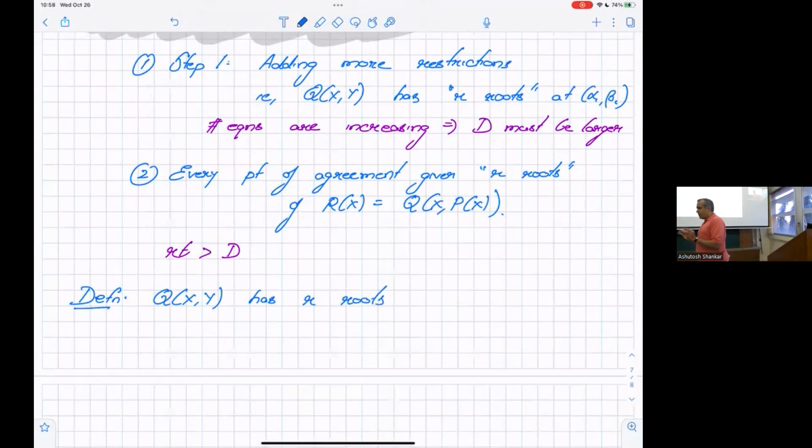I want to keep away from derivatives, because we could define it in terms of derivatives, say all the rth order derivatives are zero, but over finite fields derivatives are a problem. For example, x power p is a non-zero polynomial, but its derivative, p times x power p minus 1, is a zero polynomial because the characteristic is p. You don't want to do such things.